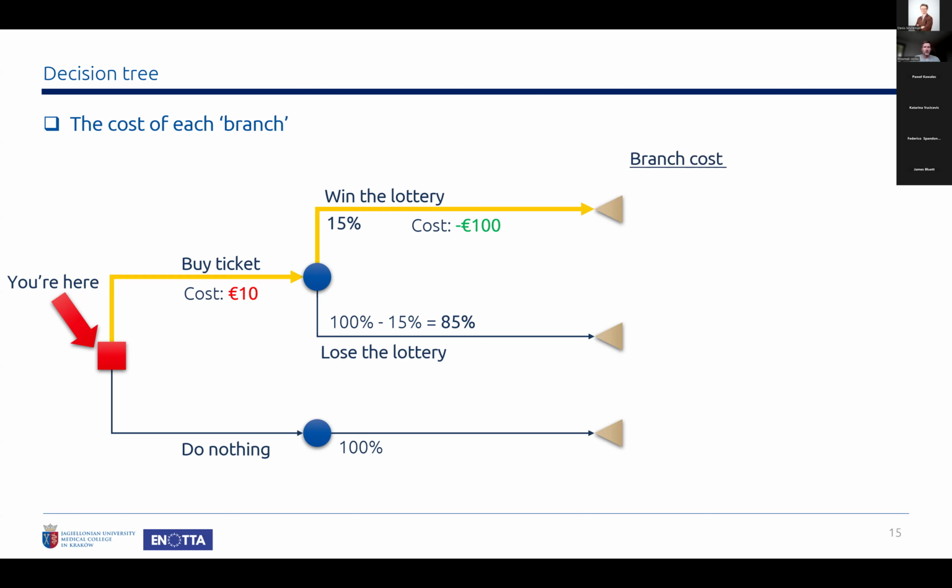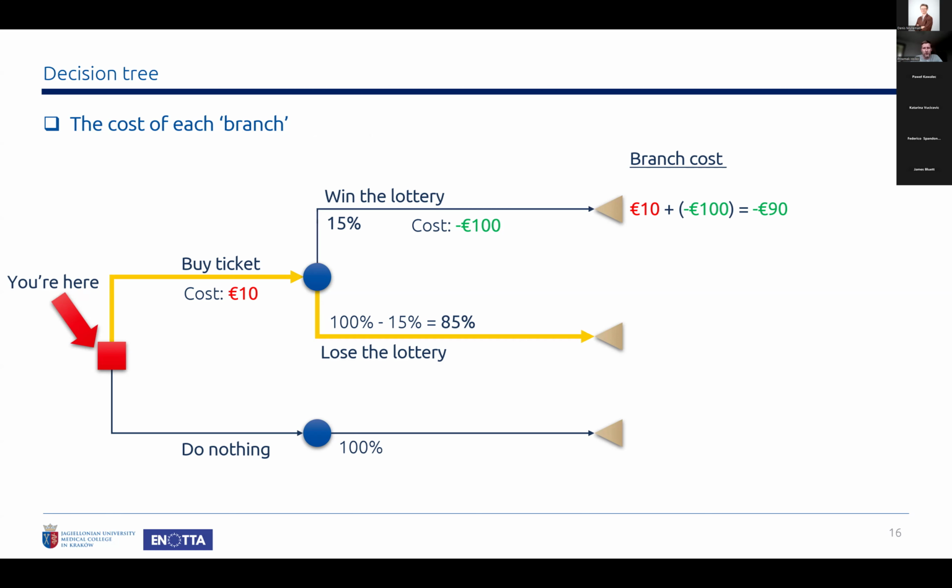And next we calculate the so-called branch cost. The branch in a decision tree is a mutually exclusive path from the beginning to the end of the tree. Here is highlighted one path which is ending with winning the lottery. To calculate the branch cost, we just add all costs encountered during the path. So the cost of the first branch is minus 90 euros.